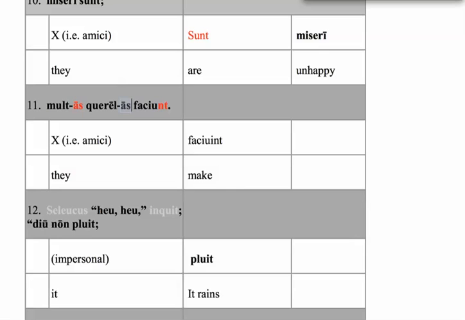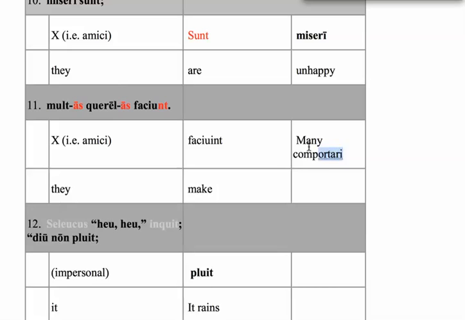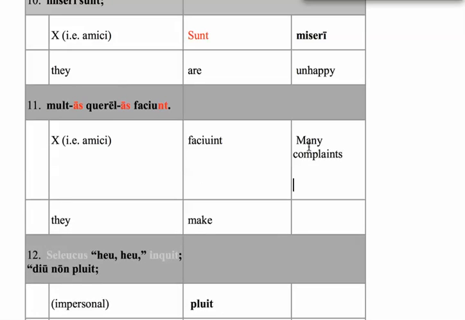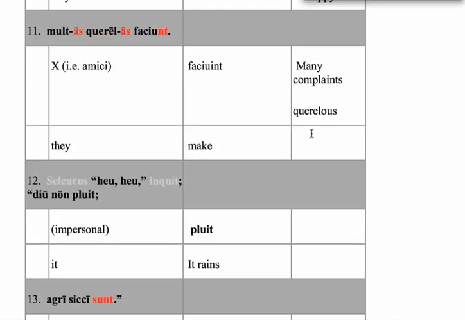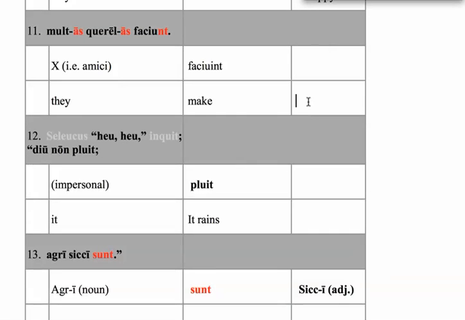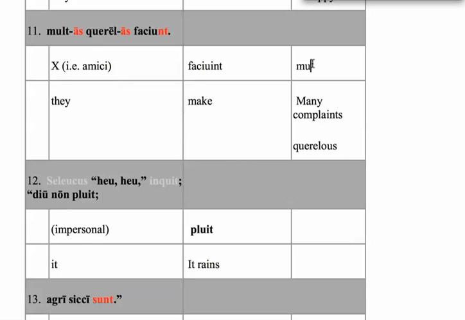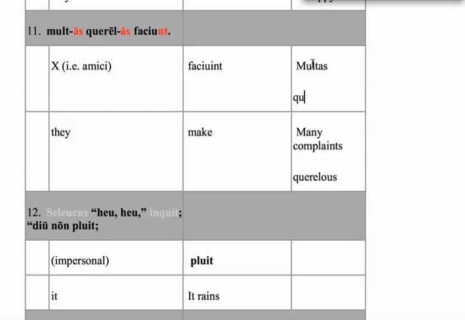Querelas, multas, many complaints. It's the root of our word querulous. Querulous, like that. Means a querulous person is someone who makes a lot of complaints. Okay, so put this down in the translation box and put multas, querulas here where it belongs.